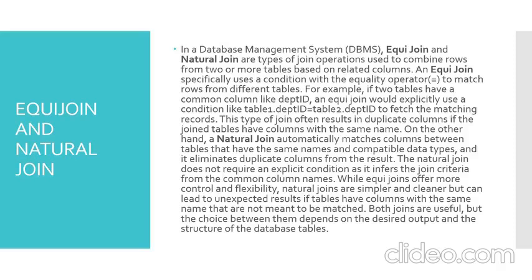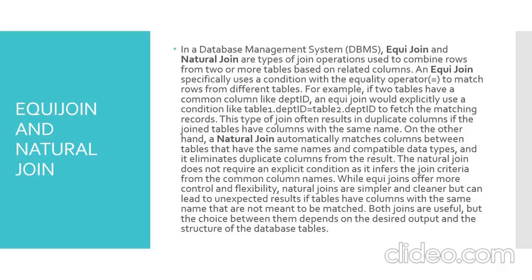So if you want to match any two columns, it uses the equal sign. For example, if two tables have a common column like dept ID, an equijoin would explicitly use a condition like table1.dept_ID = table2.dept_ID to fetch the matching records. You have to use this syntax to obtain the matching records.